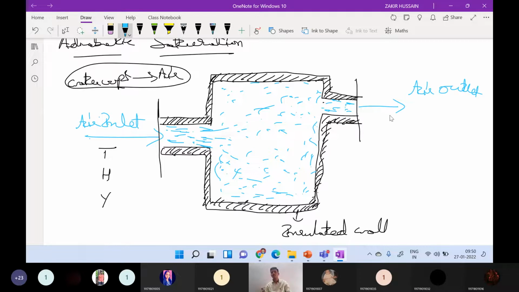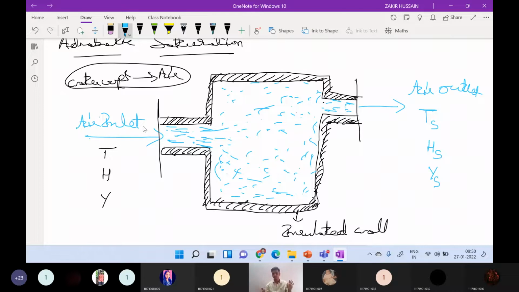This air will come out at the outlet temperature, the adiabatic saturation temperature Ts, with a saturation humidity Hs and a saturation mole fraction Ys.